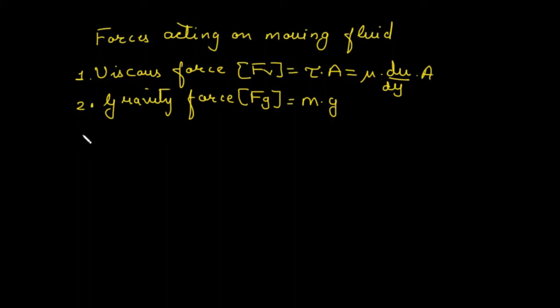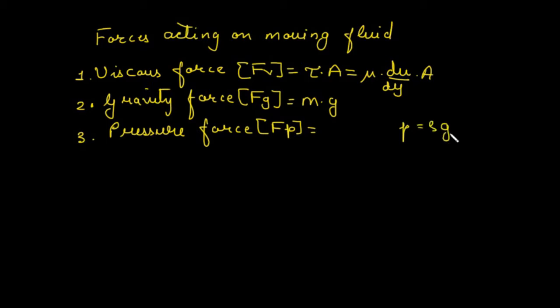The third force which is acting is the pressure force. We will denote it by F of P. Now we know that the hydrostatic pressure acting on a fluid is given by rho into g into h. So pressure is given by rho g h, where h is the height of the fluid above the element.